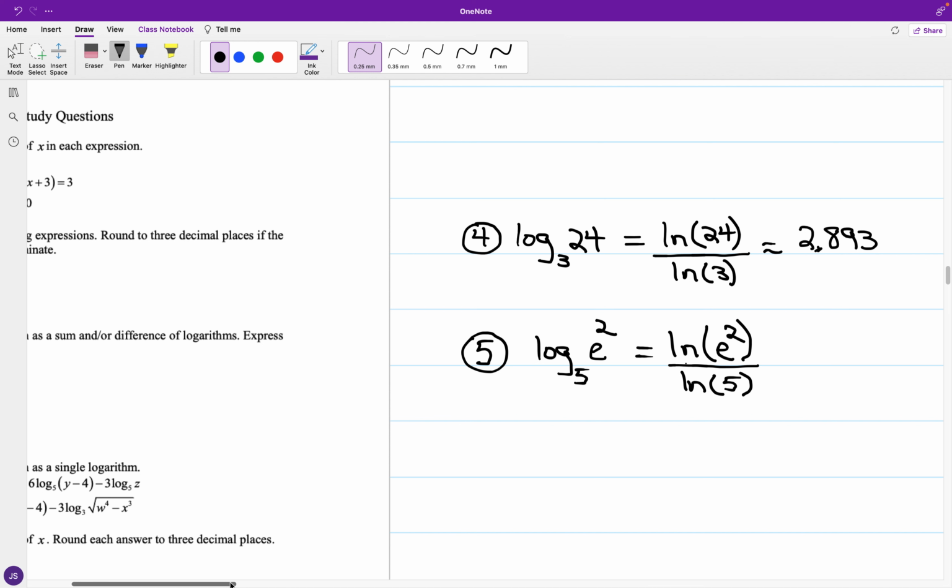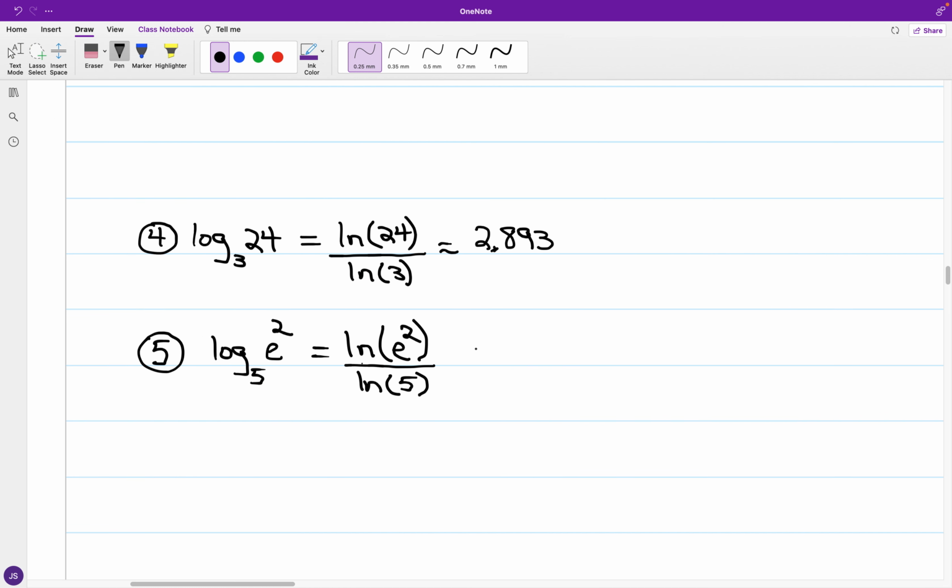So in the case of the display, you got the natural logarithm of e squared all over the natural logarithm of 5, and so this will come out to 1.243 when rounded to the nearest 3 decimal places.